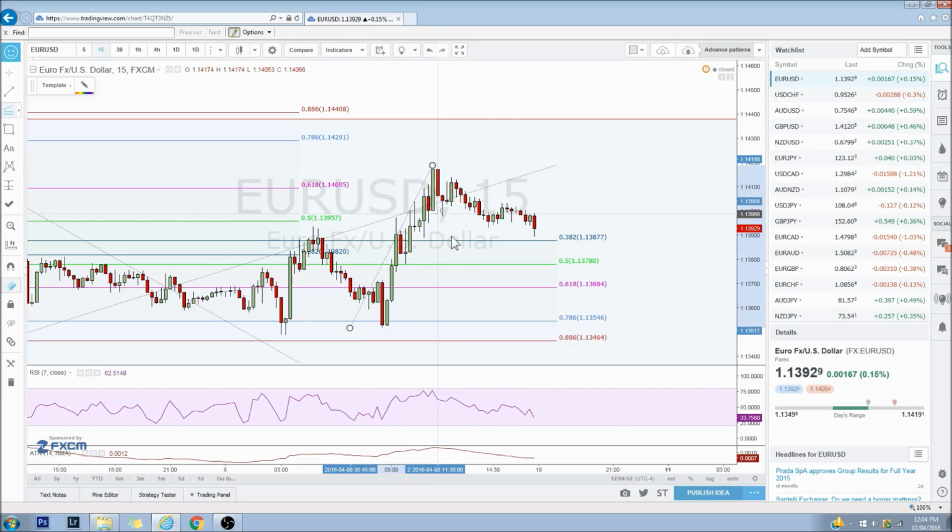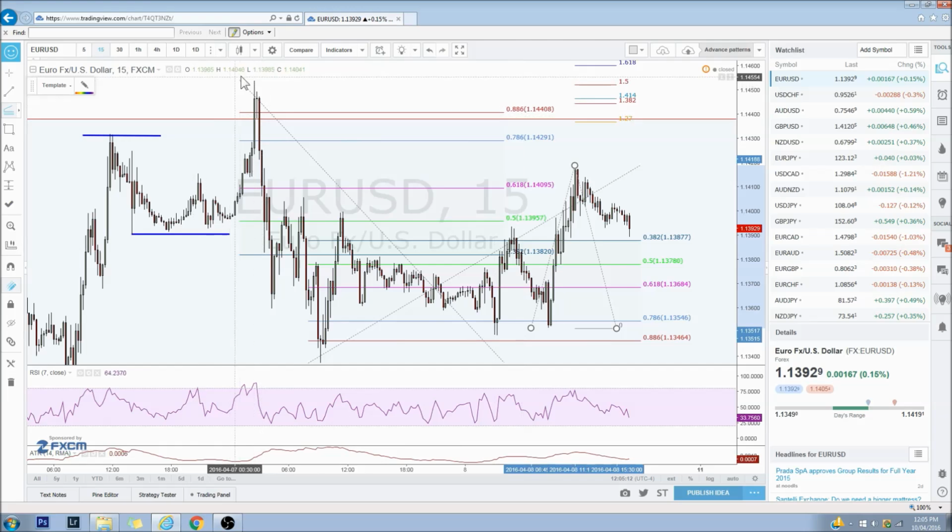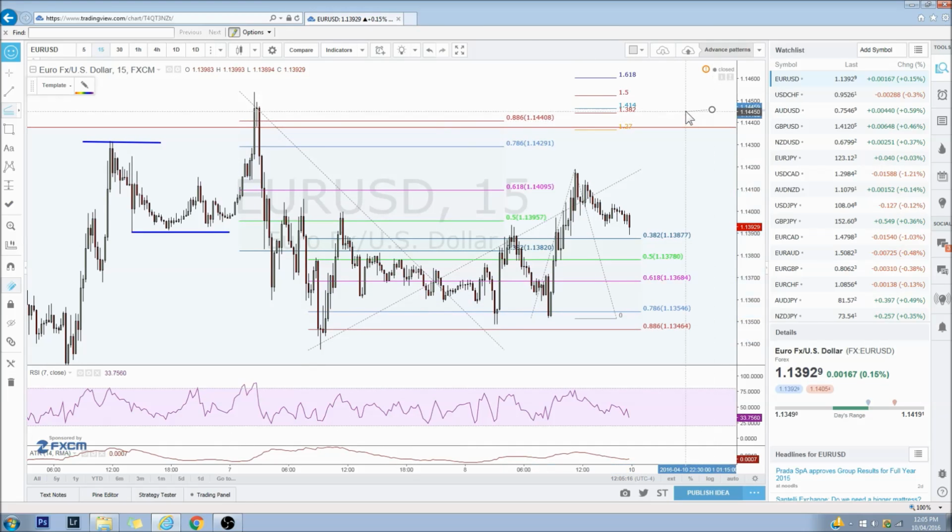But we would see a completion point of a 127. Oh, look at that. Falls right at the top end where the bat pattern would be. So this seems to be a really good area that if the price action should get up to that point, it might be a good opportunity to take a selling position. And placing your stops above this would be a wise thing to do.